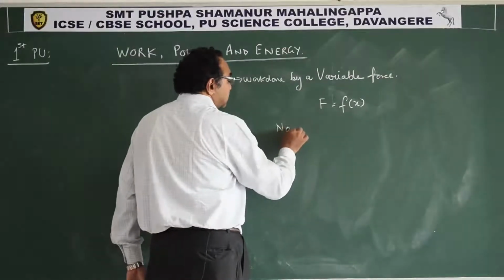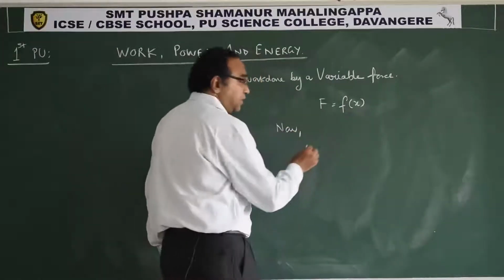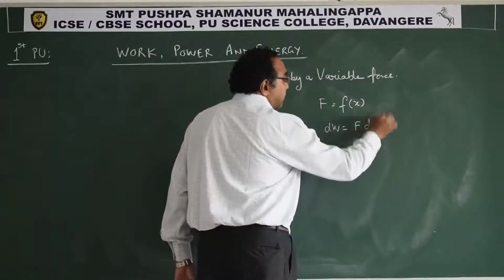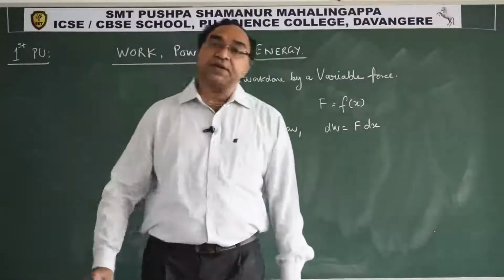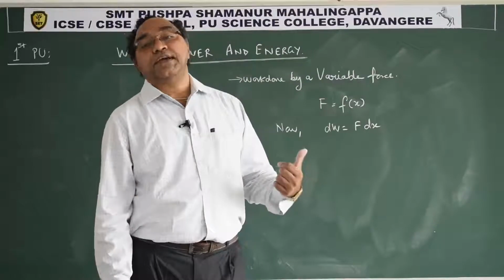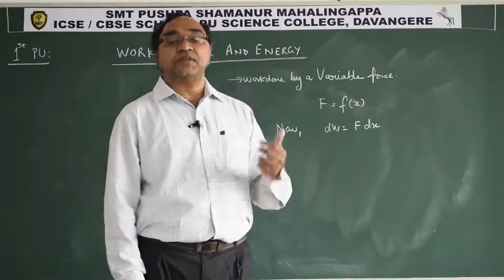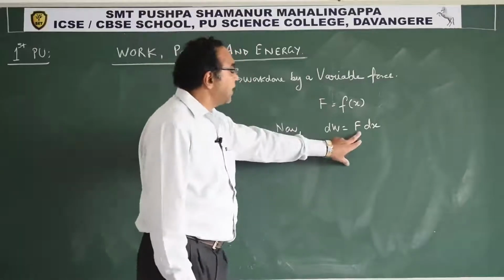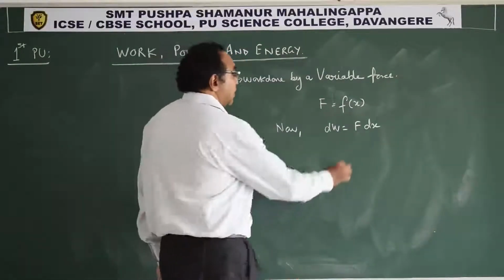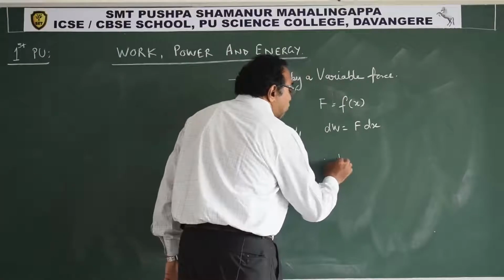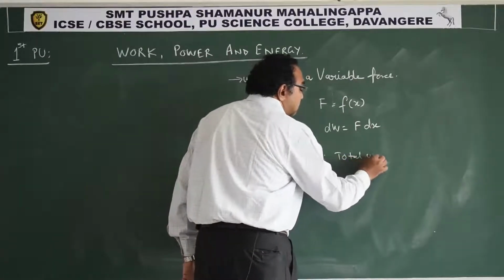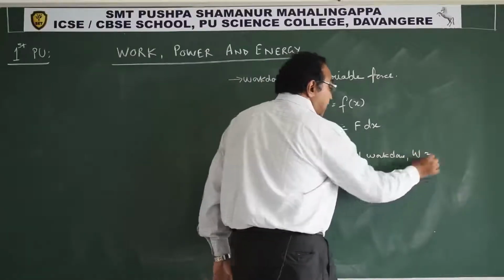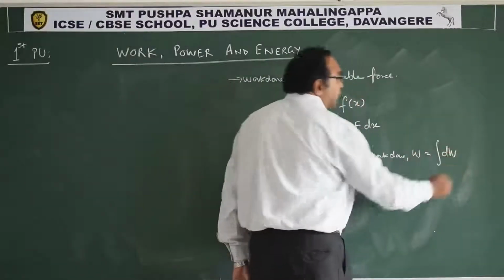Now, small work dW will be f dx. If I take the displacement as dx, then f dx, because it is in the same direction, theta is 0 degree, cos 0 becomes 1, so we can write it as f dx. Therefore, total work done W will be integration of dW.